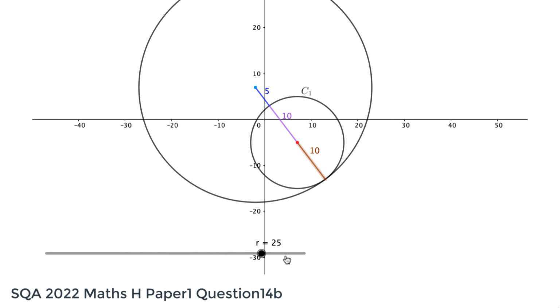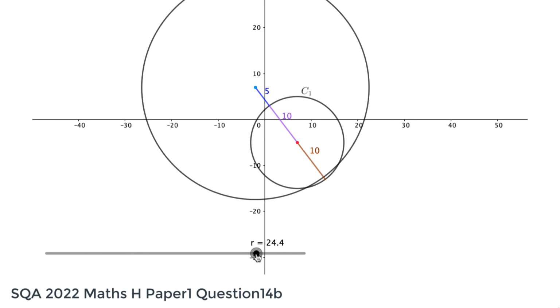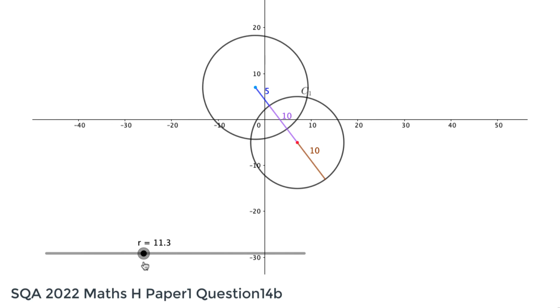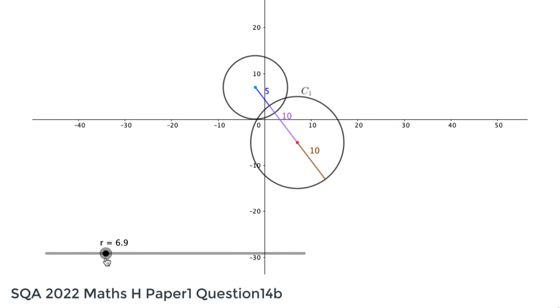So 25 is also another value for the radius. So 25 and 5. So that's two values for the radius of this circle where it just touches circle C1.